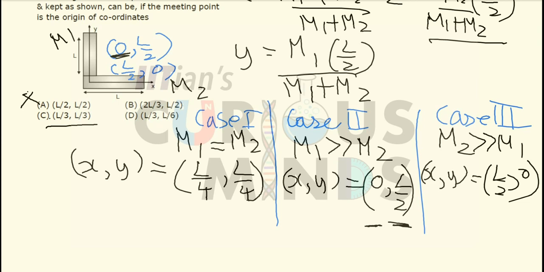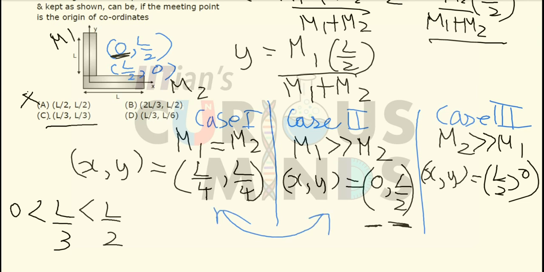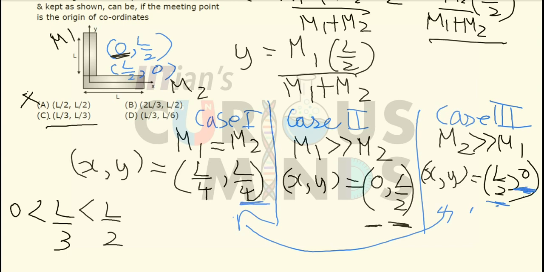The condition is that L by 3 lies between 0 and L by 2, so the condition is satisfied. If x lies between L by 4 to L by 2, the y should lie between 0 to L by 4.